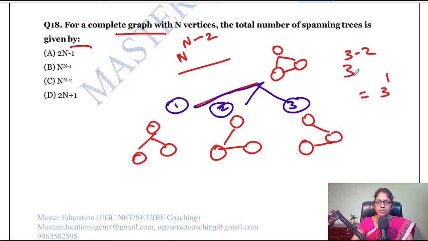With 3 vertices, 3 to the power of 3 minus 2 is 3. So n to the power of n minus 2 is the number of possible spanning trees in a complete graph with n vertices. Remember the word complete graph. Complete graph means all the vertices are connected with all the other vertices. See here, the 3 vertices are connected with all the other vertices.